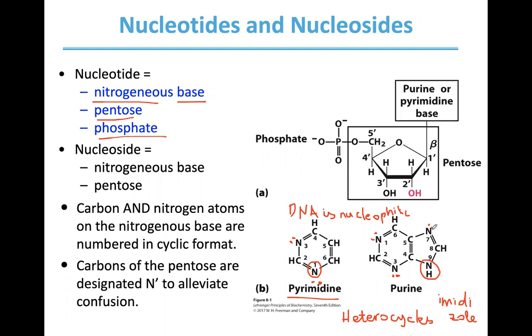So for example, this position N7 in the purines is highly nucleophilic, and it can undergo an SN2 reaction. Let's say you have a leaving group here, right? So this can attack it, and this will leave. So it's an SN2 reaction. And by doing so, you will make the nitrogen-carbon bond, and obviously you will modify the DNA, right?